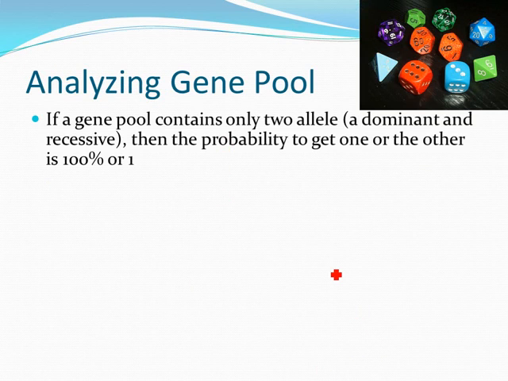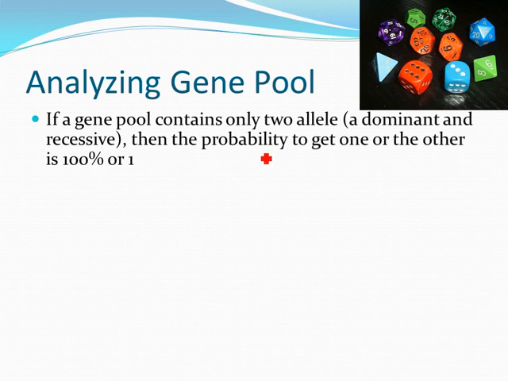Okay, when we're actually looking at a gene pool, remember what the gene pool is? It's all the alleles in that particular population, right? So if the gene pool only contains these two alleles, the dominant and the recessive, then the probability of getting one or the other is going to be 100%.